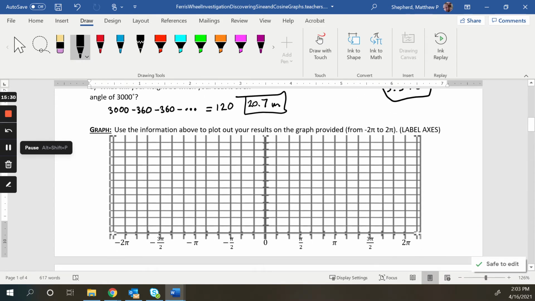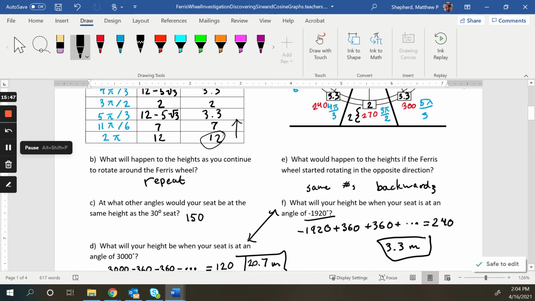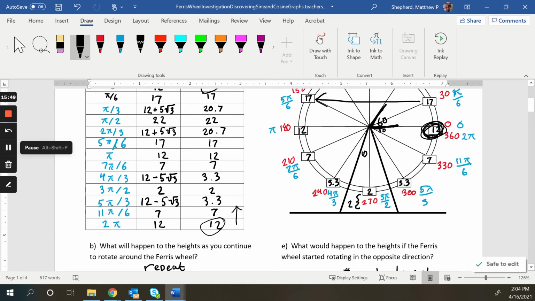All right, so now let's talk about graphing this. Okay, now I've gone ahead and labeled these. Notice I didn't label with your normal 1, 2, 3, 4. Rather, I labeled it and I used the radians that I counted by up here.